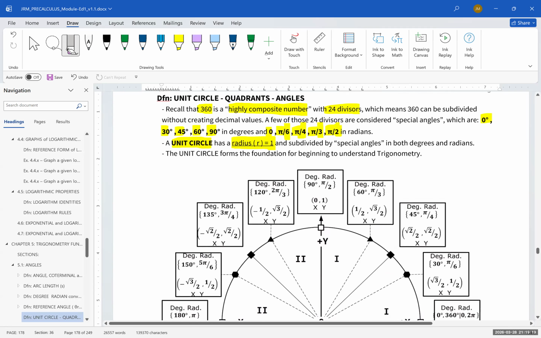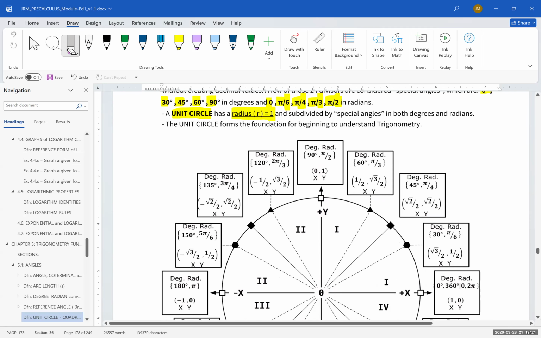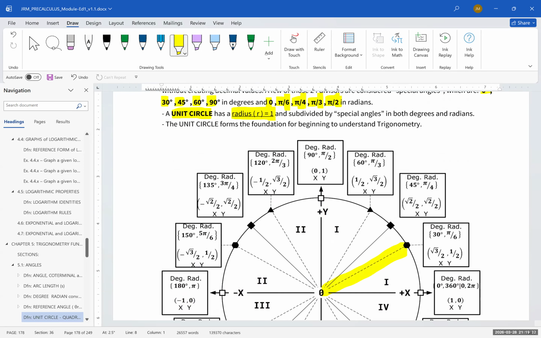All right, and this unit circle is subdivided by special angles in both degrees and radians. Those special angles are what you see here. Each of these lines radiating out from the origin, radiating out from 0, are terminal sides for each of these different angles.